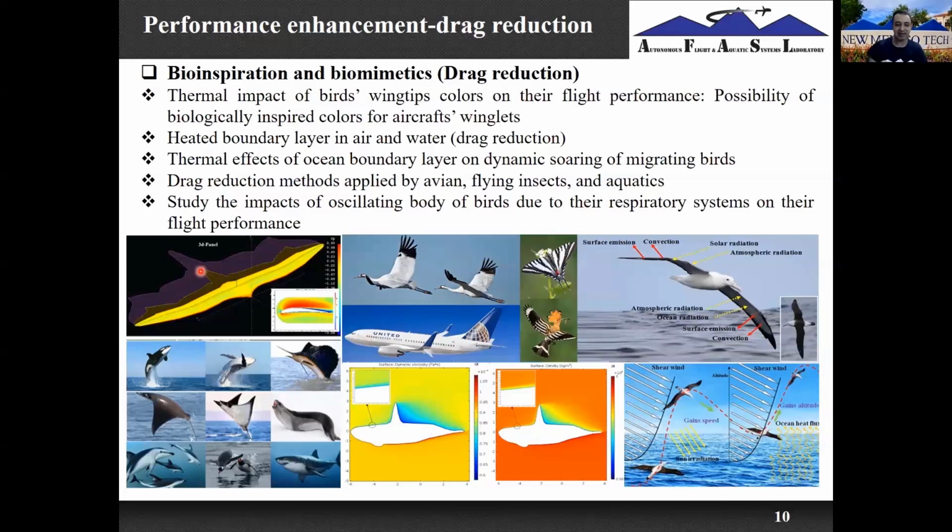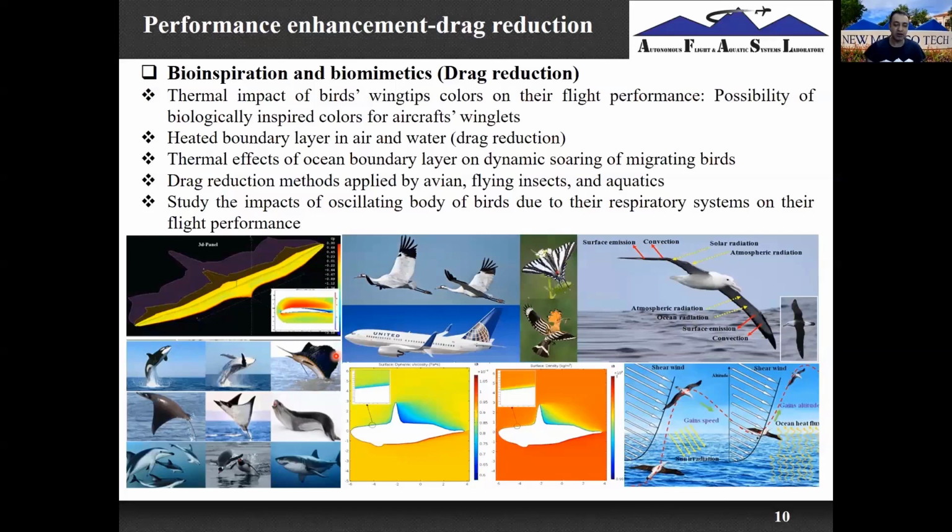We know that at the tip of the wings, which are here, usually we have vortices. There are some vortex-shaped flow. These vortices are increasing the lift-induced drag, and they are not good. But we found that black color has a higher temperature than a white color.